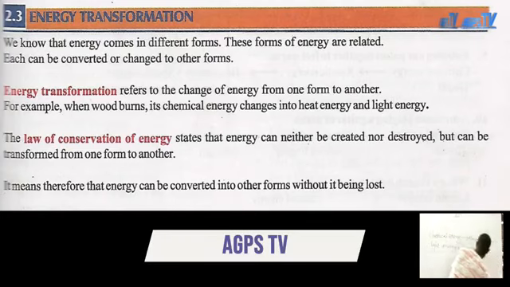Don't write it in a statement form. You have to bring this arrow. If you write it in this form, you are wrong. Then you bring your comma here, you write electrical energy, comma, light energy.